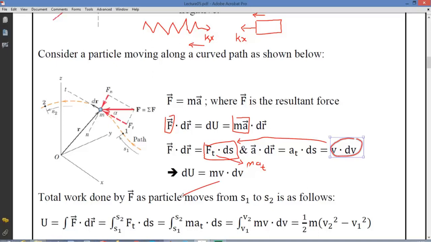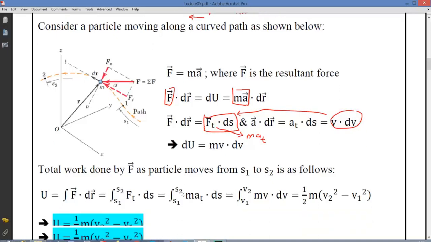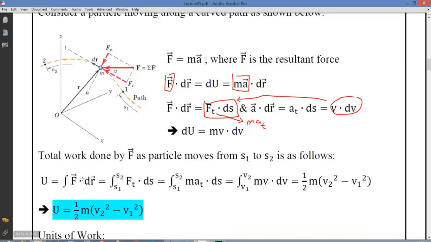Now if you do the required integration over a certain amount of path, the same integration making use of F vector dot product dr, then this is the projection of Ft times ds. Instead of Ft, make use of m times at times ds.